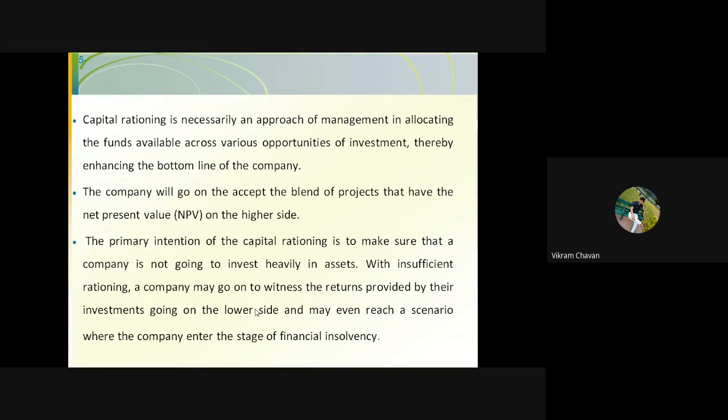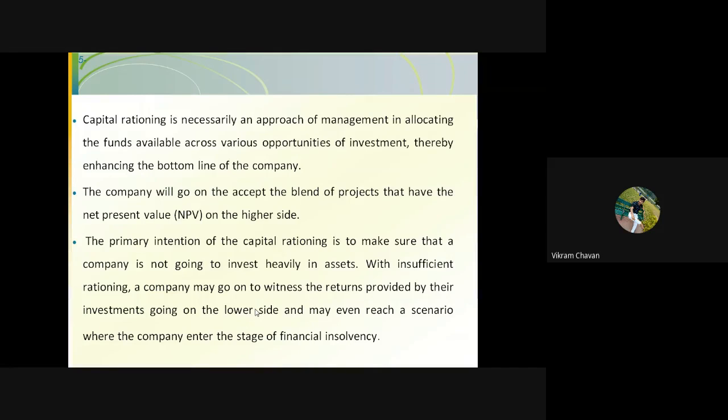There are so many opportunities in front of a company, and the company can invest in any project. But the problem is that if you invest in a particular project, after some years the return from that project may be lower. It may lower or it may increase, but the company may reach a financial stage where it does not have sufficient funds to recover.